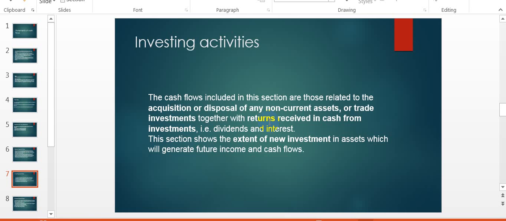You subtract the depreciation, then you also subtract any assets which have been disposed of. Then you get your total. That total, you compare it with your closing balance. The difference will be the amount of assets that you've acquired in the period.